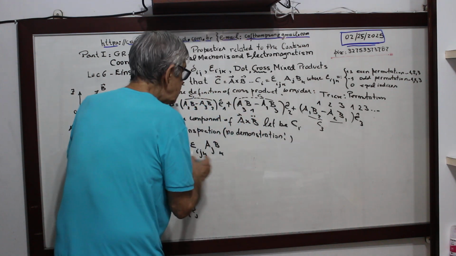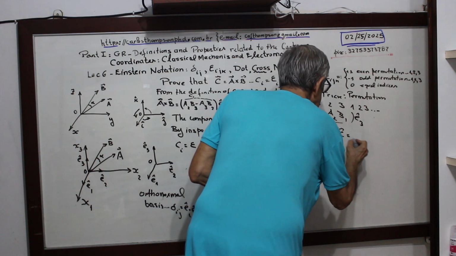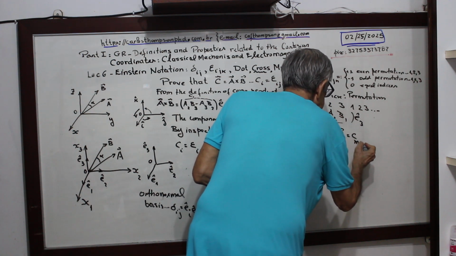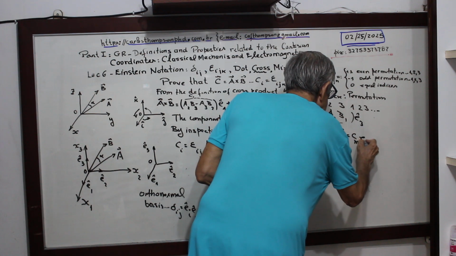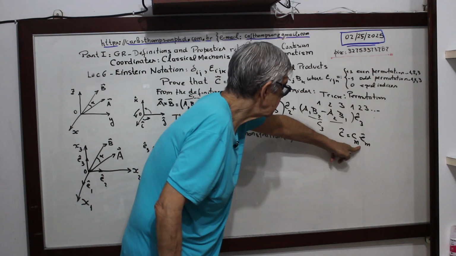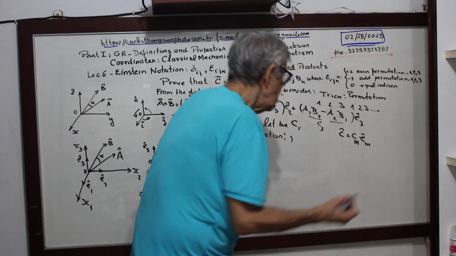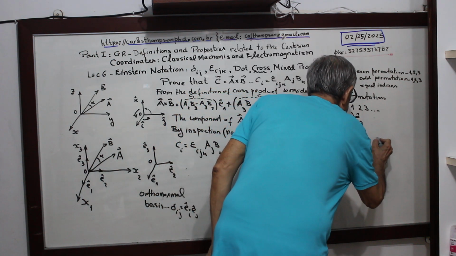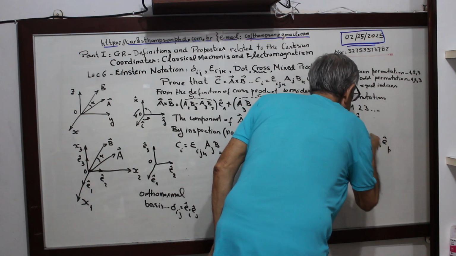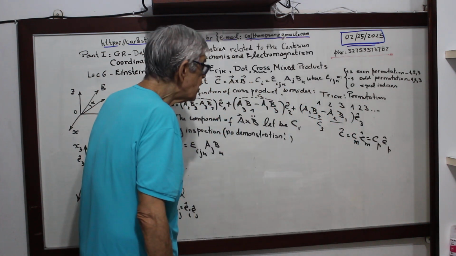So the vector C, I can write as CM, in this case, EM. See? These are dummy. Okay? C1, E1, plus C2, E2, plus C3, E3. Or I can write CP, EP. You see? Because a dummy. That's a vector.